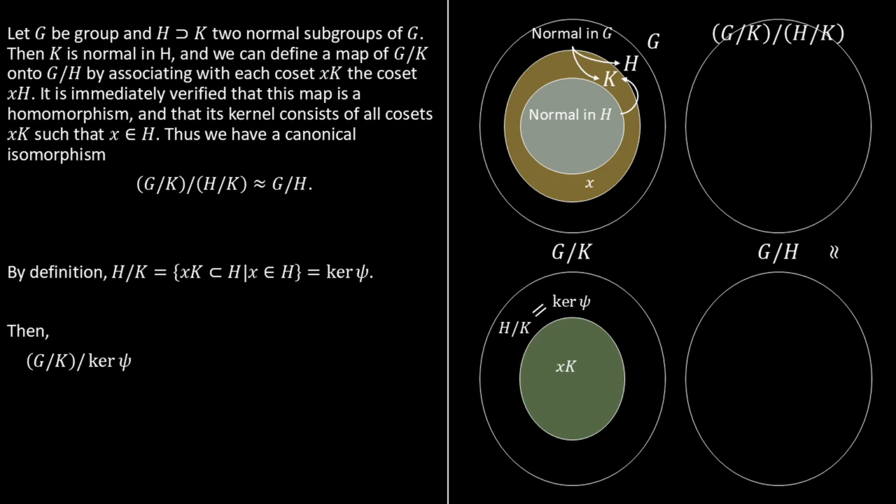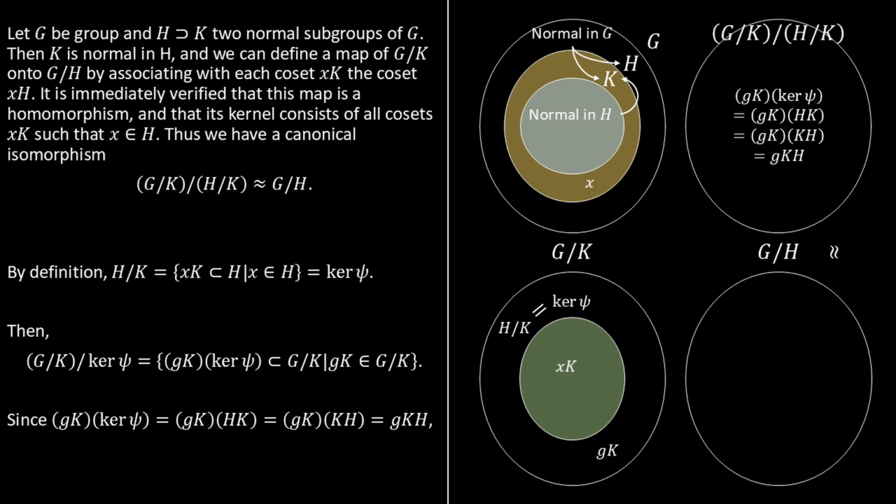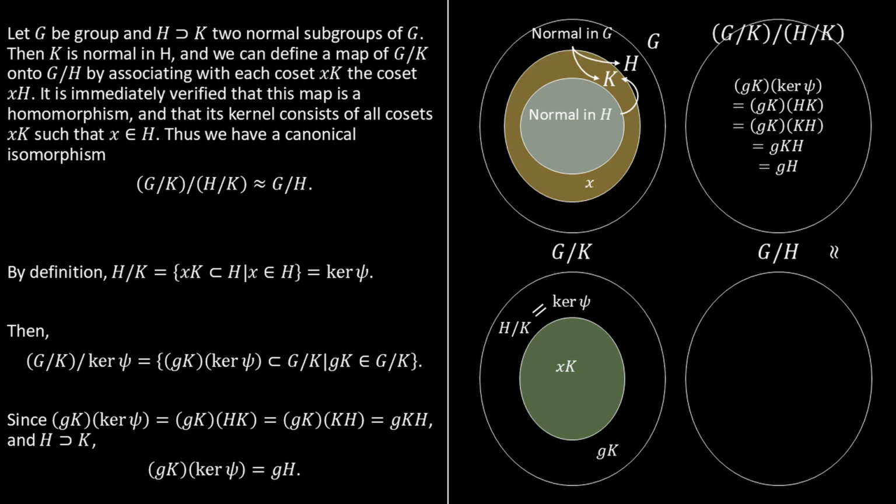Then, (G mod K) mod kernel of psi equals the set of all cosets (gK) kernel of psi in G mod K where gK is in G mod K. Since (gK) kernel of psi equals (gK)(HK) equals (gK)(KH) equals gKH, and H contains K, (gK) kernel of psi equals gH.